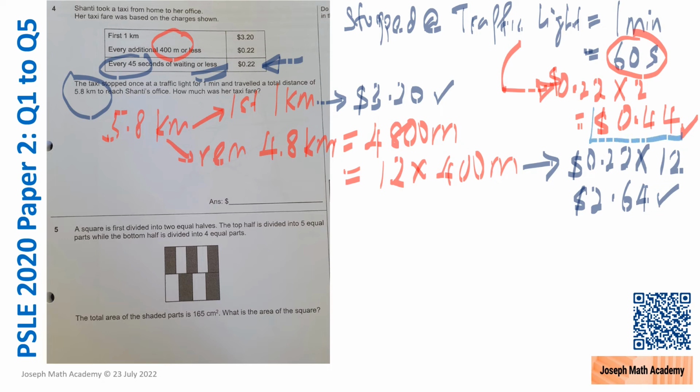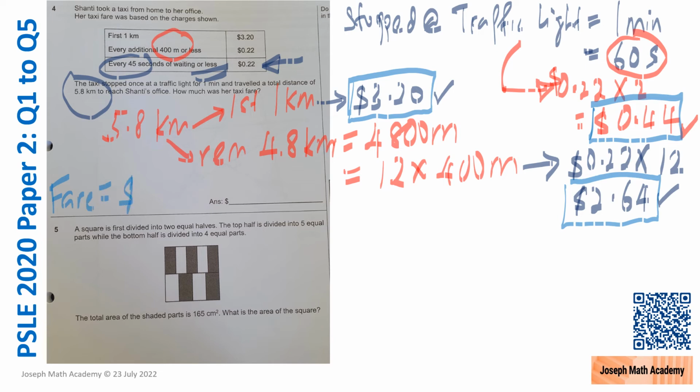Shanti must pay 44 cents because the taxi stopped at the traffic light. Shanti must pay the first $3.20 for the first km, and Shanti must pay $2.64 for the remaining distance covered. So let's find out the total amount that Shanti has to pay for her taxi fare. The taxi fare payment will be 0.44 plus 3.20 plus 2.64.